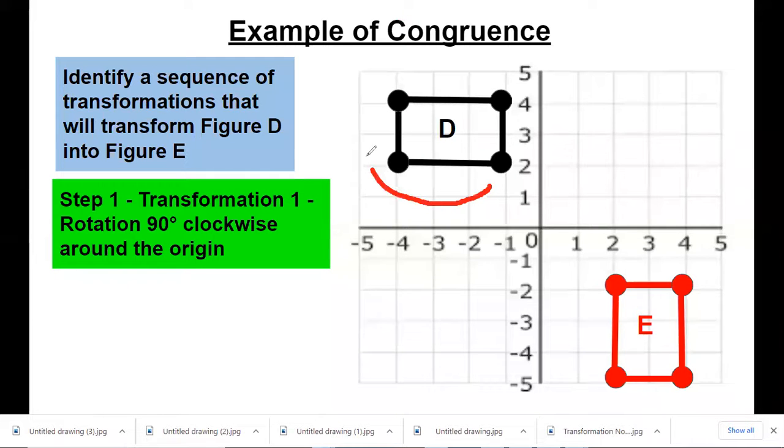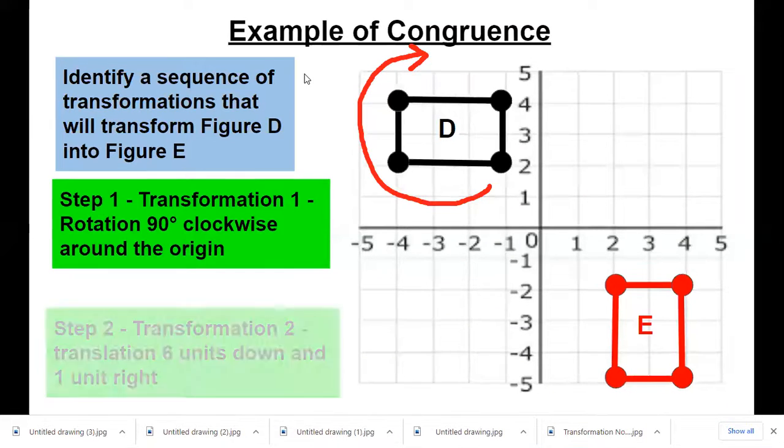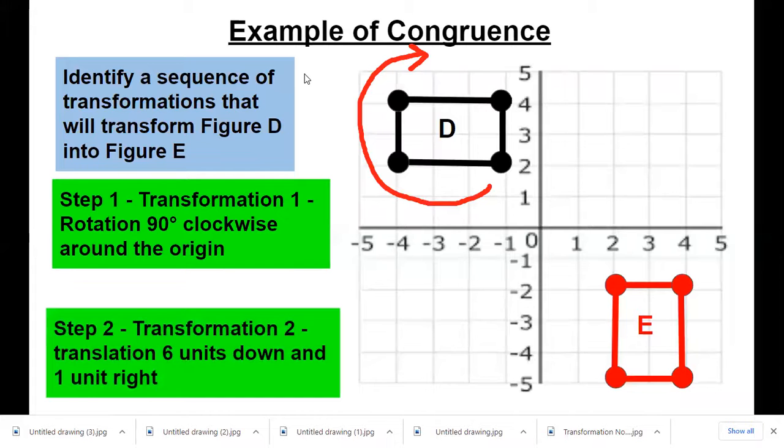Clockwise is this way. 1/4 of a turn. That's why it's up and down now instead of left and right. Okay, that's the first transformation. The second one is it's going to be translated 6 units down and 1 unit to the right. 6 units down and 1 to the right.